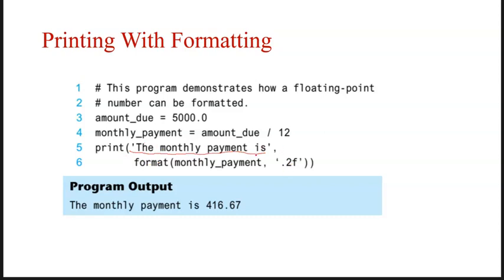The way format works is that you type in a comma, then format, the monthly payment variable name, and then .2f. The 2 means that it's going to print out 2 digits after the decimal place, and the f means that it's a float, which means a real number.